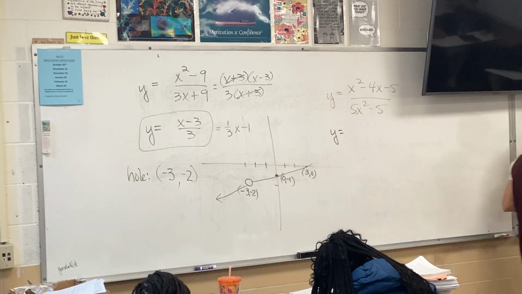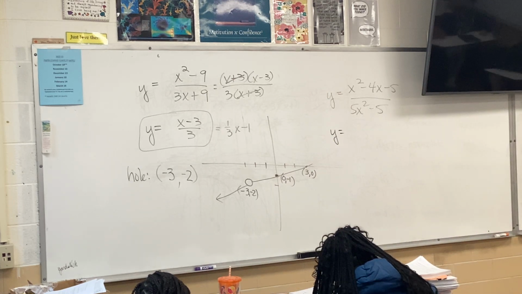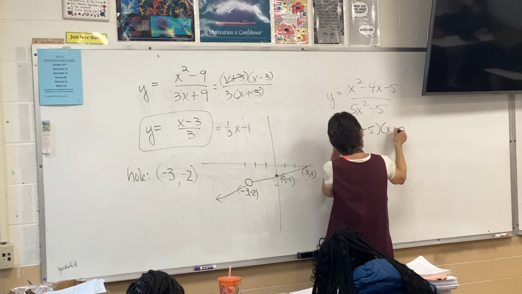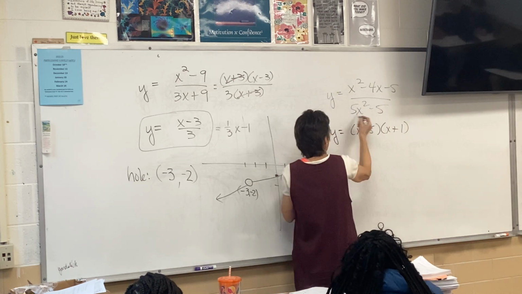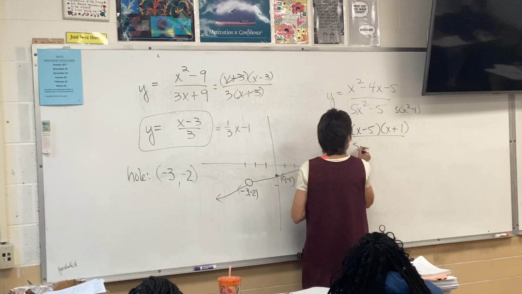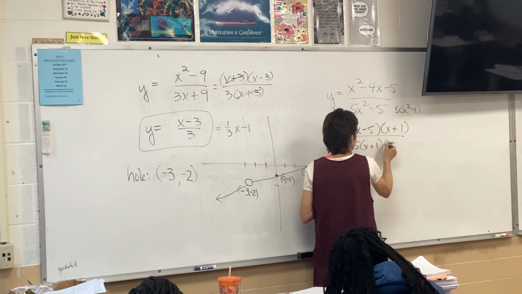How does the top factor? Okay. Is that right? Yep. And then how about the bottom? You can pull a 5 out. And then you have the difference of squares.